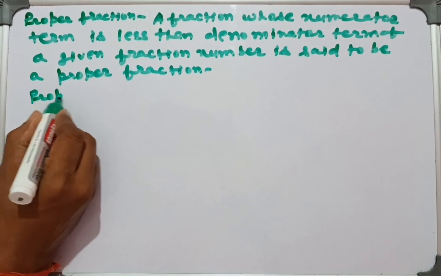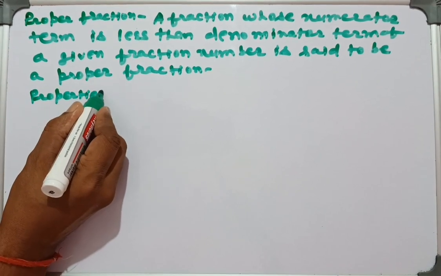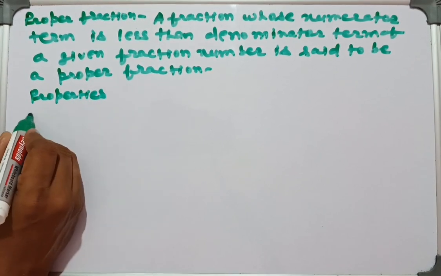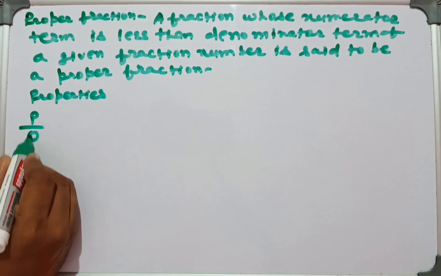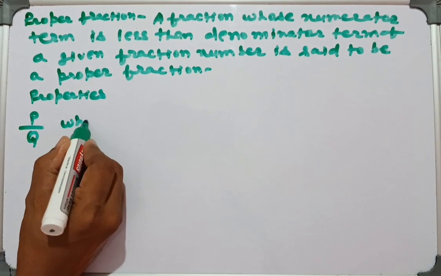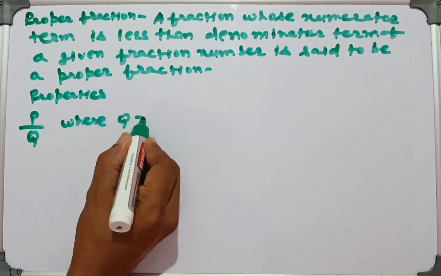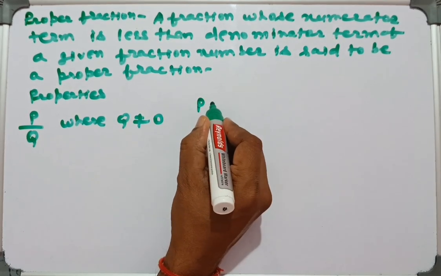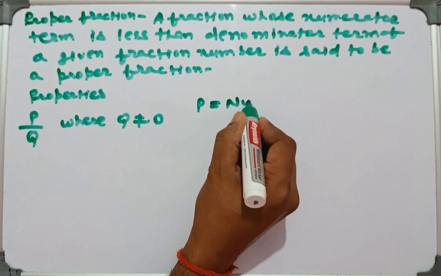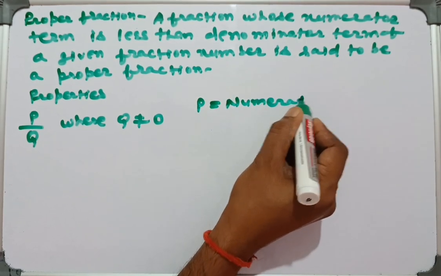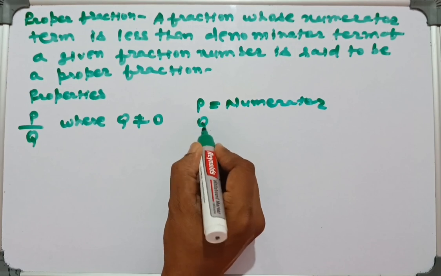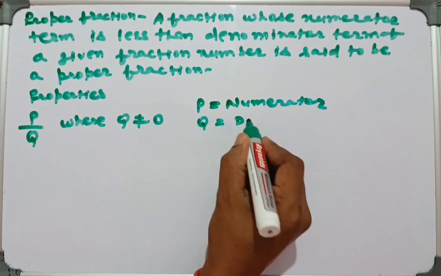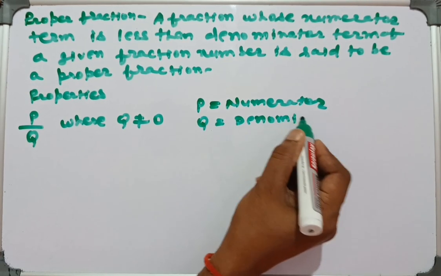Properties. As you know, a fraction is written in the form of P by Q, where Q is not equal to 0. Now P is the numerator, Q is the denominator.